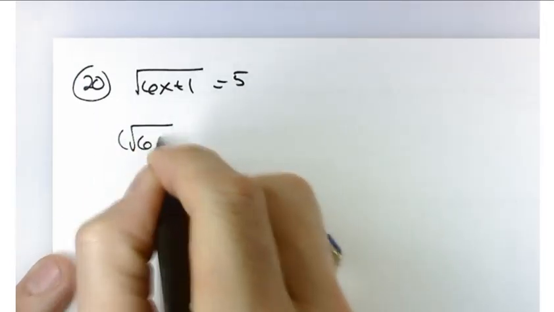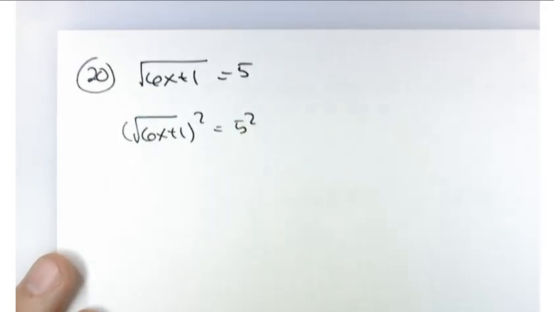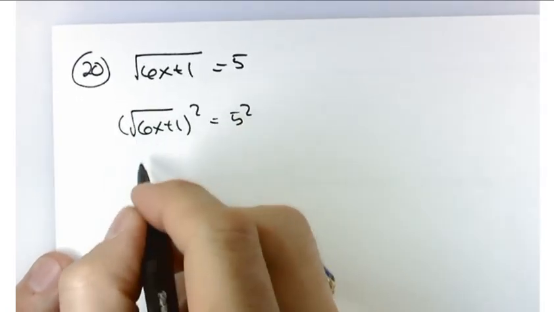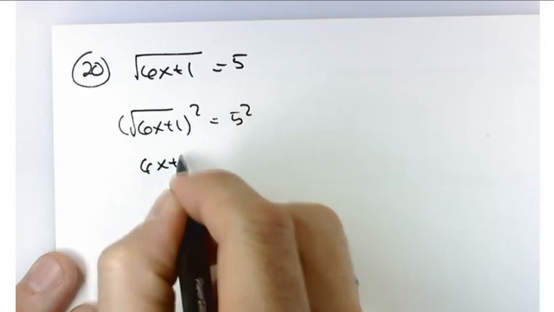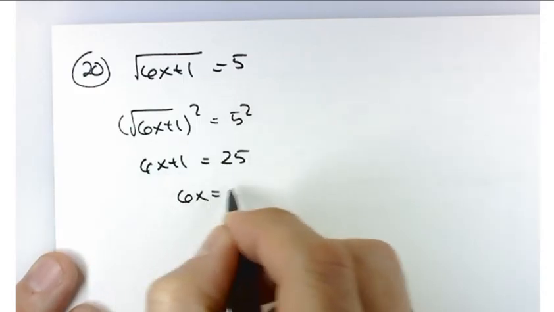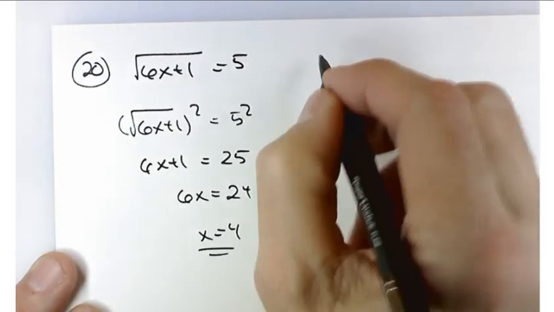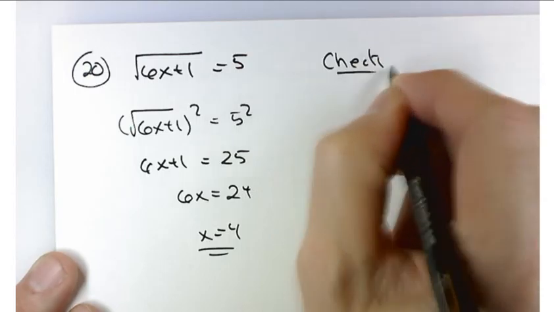Looking good from what I saw. So as with the last one, you're going to square both sides. When you square the left-hand side, you get 6x plus 1. The right-hand side gives me 25. Subtract 1 from both sides, and then divide by 6. We get x equals 4. But make sure you check your answer.